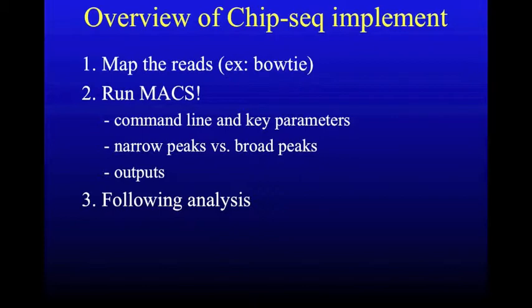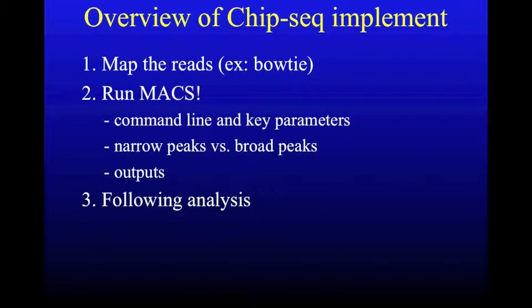So in the following slides, we're going to cover 3 important aspects of MACS implementation. They are command lines with key parameters that you should specify, concerns about narrow versus broad peaks, and also we'll talk a little bit about the output file formats.